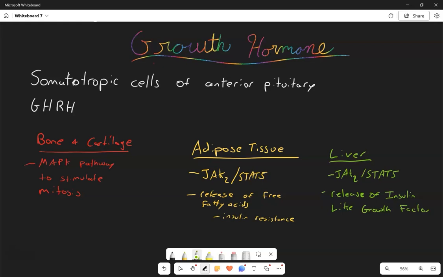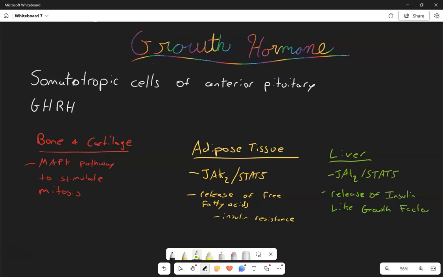So it will cause the release of this other signaling molecule that can help out with the increased growth of the tissues. All of these different pathways have the same end result for growth hormone, which is increased growth of the body tissues, mainly through mitosis and cell division.